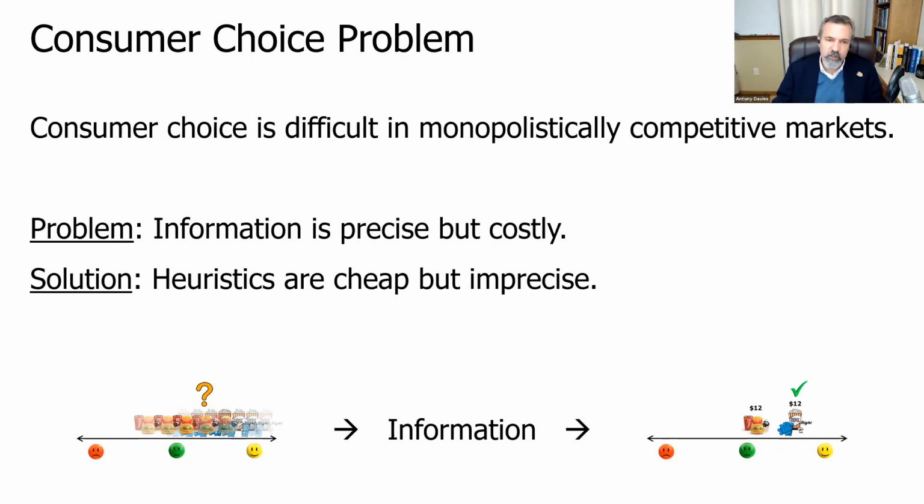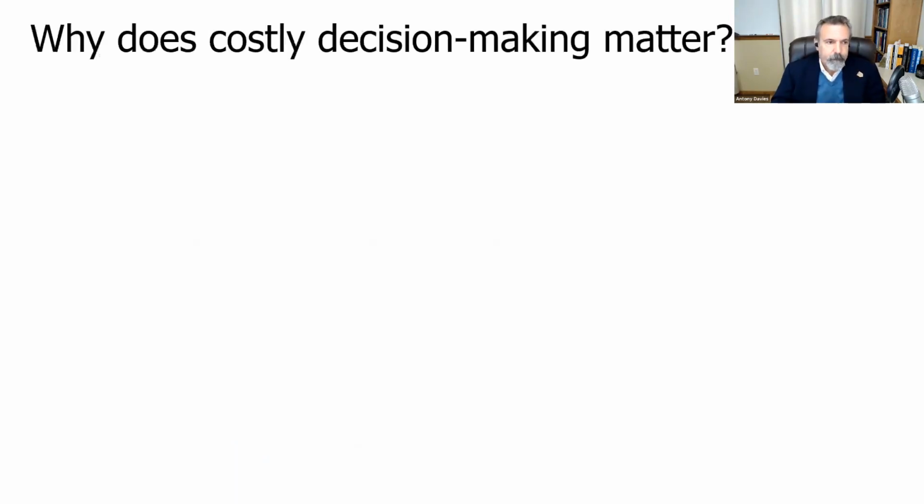And so I use these heuristics, and they aren't perfect. I'll make mistakes with them, but the benefit is they're far less costly to implement than information is. So let's back off a minute and ask the question, why does it matter that decision-making might be costly?